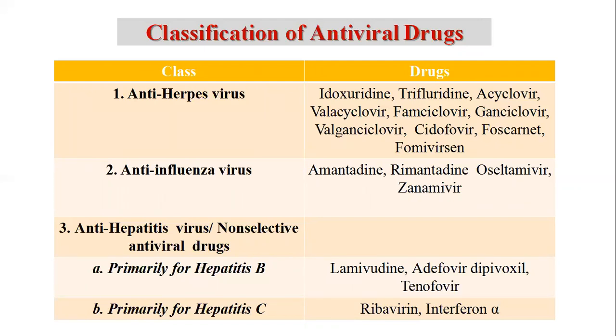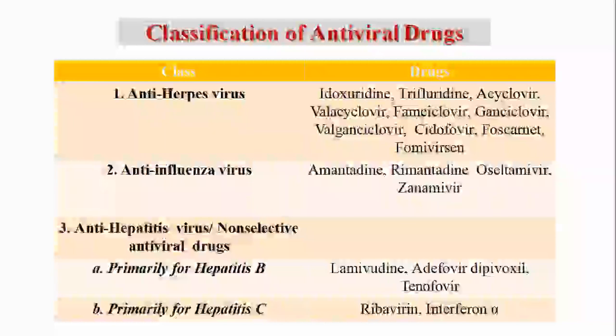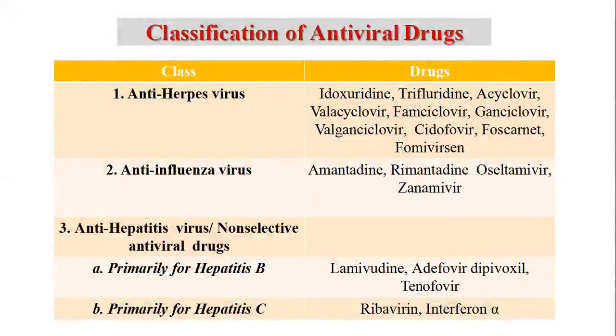In the right hand side of the table, you can see the drugs that can be used as anti-herpes virus: acyclovir, valacyclovir, famciclovir, ganciclovir, etc. In case of anti-influenza virus drugs, amantadine, rimantadine, oseltamivir, zanamivir can be used.